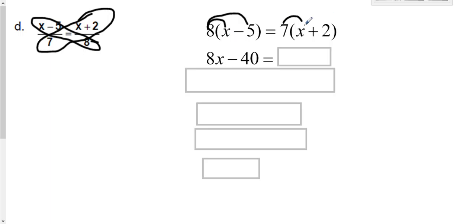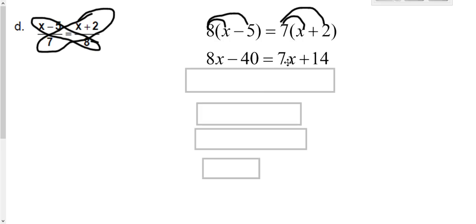We have 7 times x, 7x, 7 times the positive 2, 14, so we got 7x plus 14 here. Distributive property, it helps to circle these cross products sometimes. Draw the little loops to remind yourself to multiply times each of those terms inside of there.